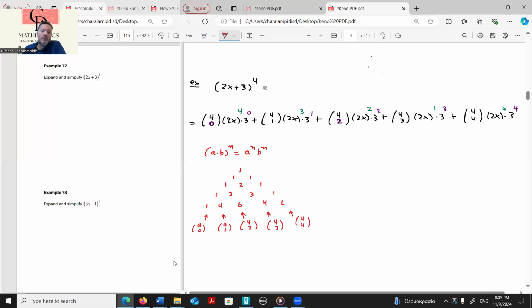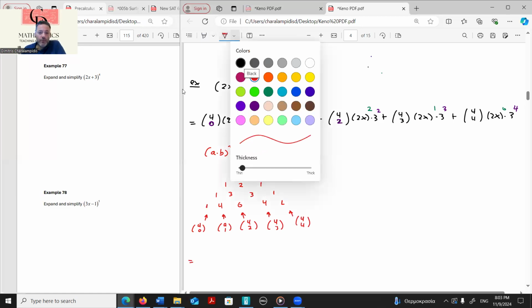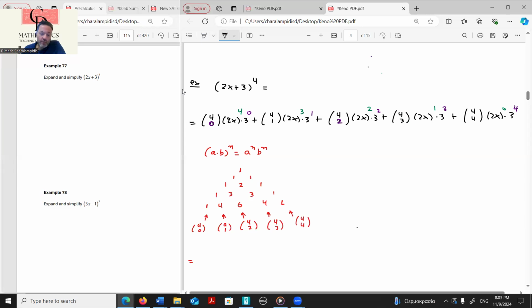Let's now substitute them. 4 choose 0, I found it through the Pascal's. It's 1. 2x and all that to the power of 4 can be written as 2 to the power of 4 multiplied by x to the power of 4 multiplied by 3 to the power of 0, which is 1. Plus 4 choose 1 is 4 multiplied by 2 to the power of 3 times x cubed times 3.